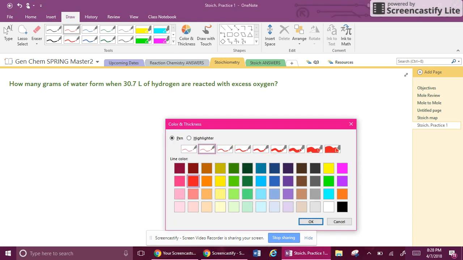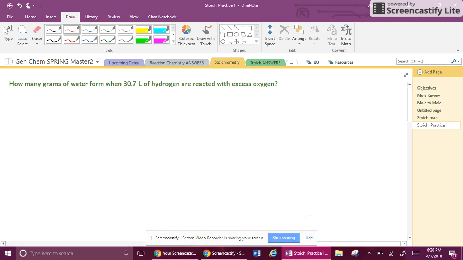Remember, the first thing that we need to do all the time, no matter what, for a stoichiometry problem is get a balanced chemical equation. From the question, I'm going to look for key words like "how many grams of water form." If water is being formed, that tells me that water must be a product, so it's going to be on the product side.